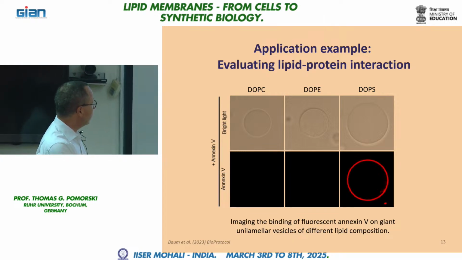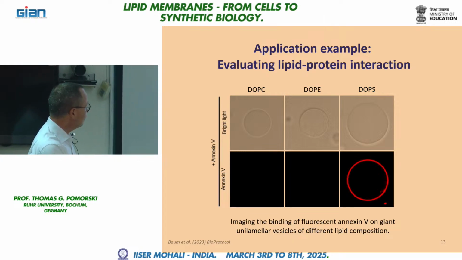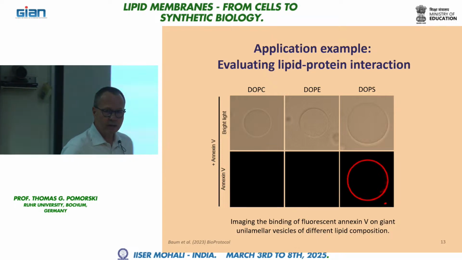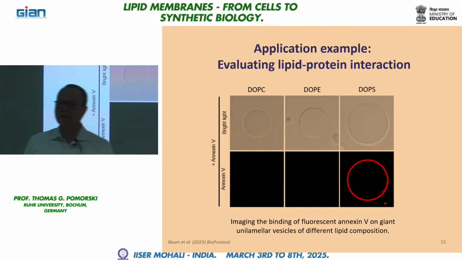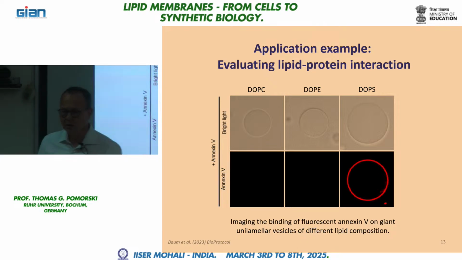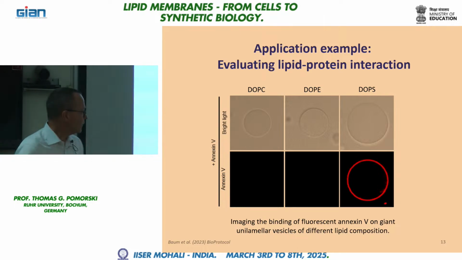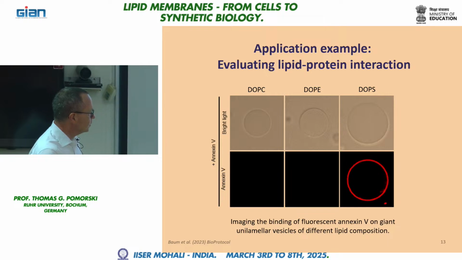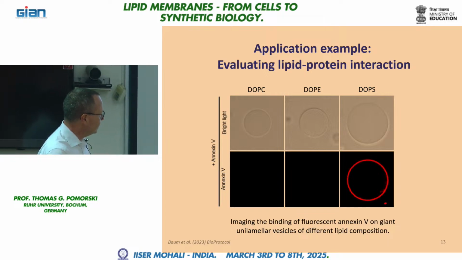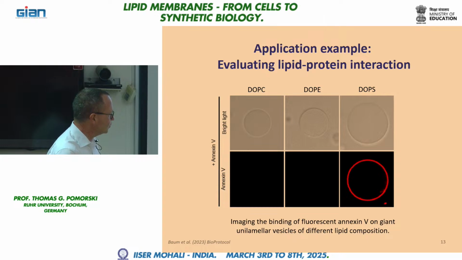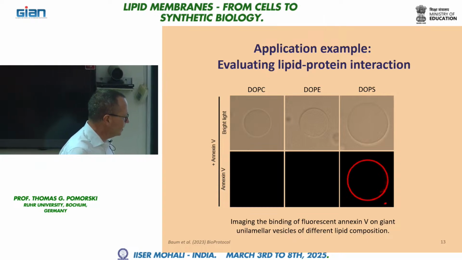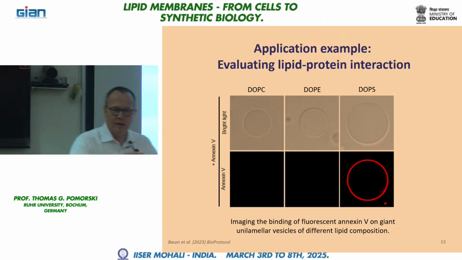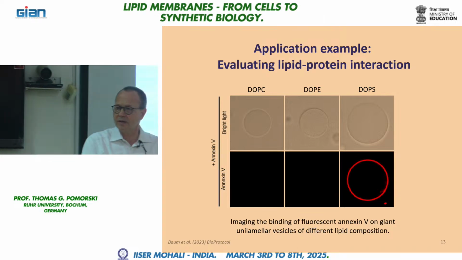Okay, so now we add a probe here. It's annexin, a protein that is normally intracellularly localized. It should specifically interact only with phosphatidylserine. And what you see is that this protein is fluorescently labeled. So the protein is in high dilution here, but when it binds to the vesicles, it binds to the whole surface of the vesicle, and you can see it as a nice fluorescent ring.